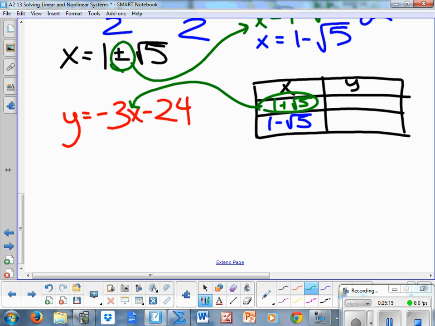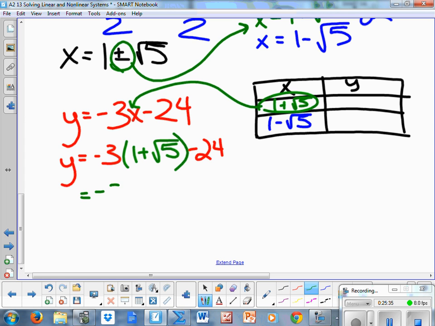Okay, so I have y equals negative 3 times 1 plus the square root of 5, minus 24. That gives me, when I distribute, negative 3 minus 3 times the square root of 5, still minus 24. Now, I can't combine the term that has the square root in it, but I can combine the terms that are alike.